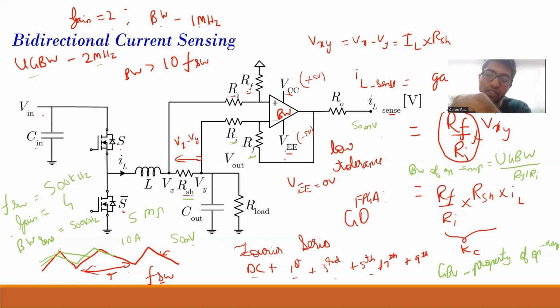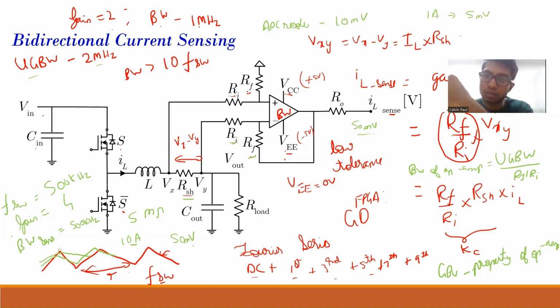Your ADC also has a certain resolution. Suppose your ADC resolution is 10 millivolt, then it is very poor. If 10 ampere corresponds to 50 millivolt, that means 1 ampere corresponds to 5 millivolt.